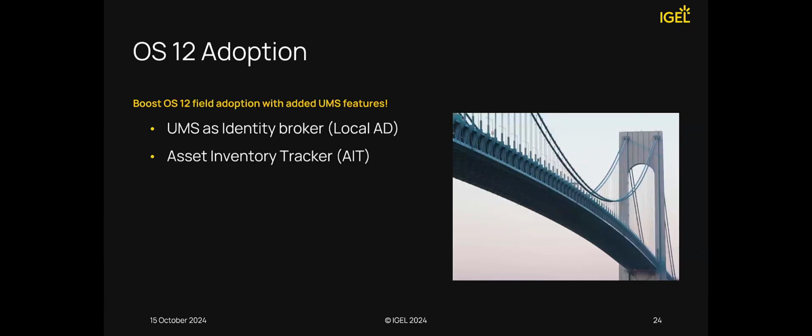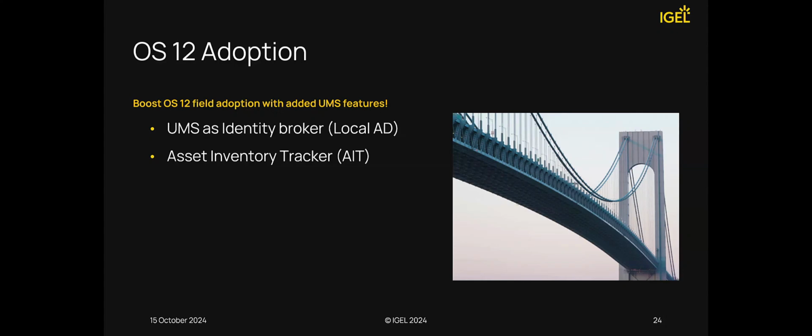Then in regard to the OS 12 adoption, we have two cool features that will come early next year. The first is UMS as identity broker. So instead of any external IDP, you can use the UMS as a local AD for your devices. You may know this feature from the formerly known shared workplace for OS 11.